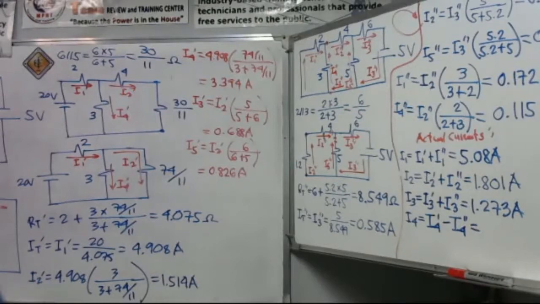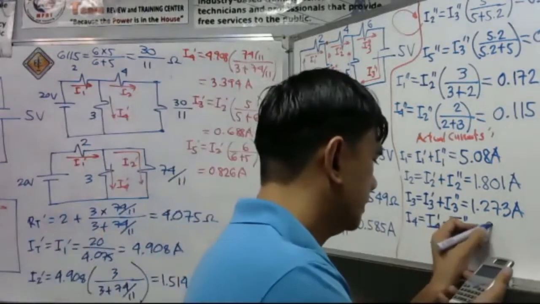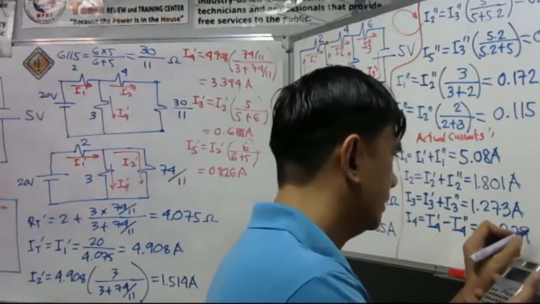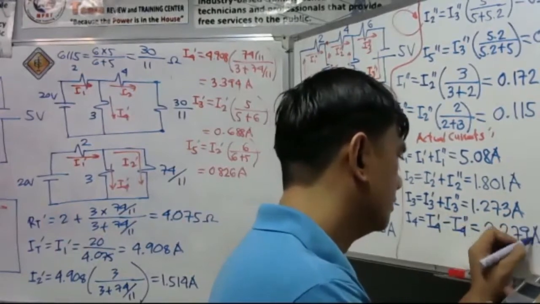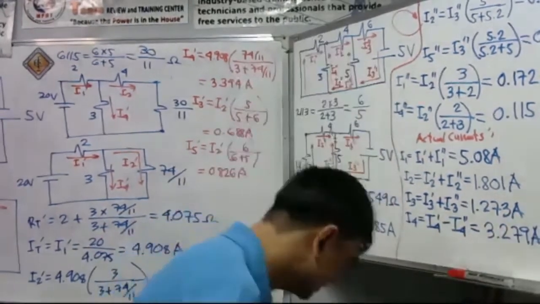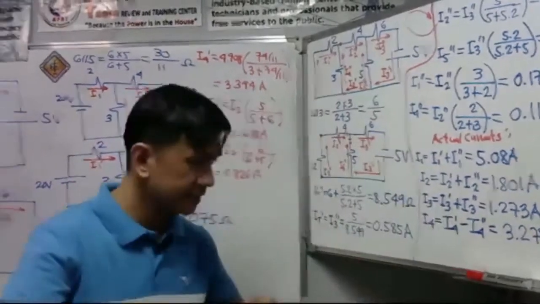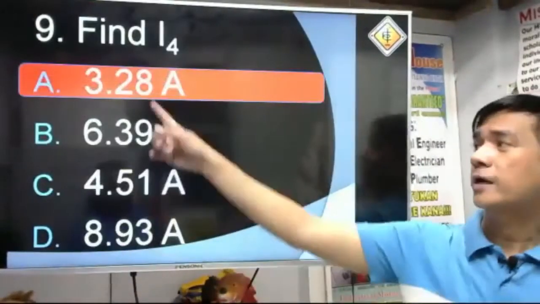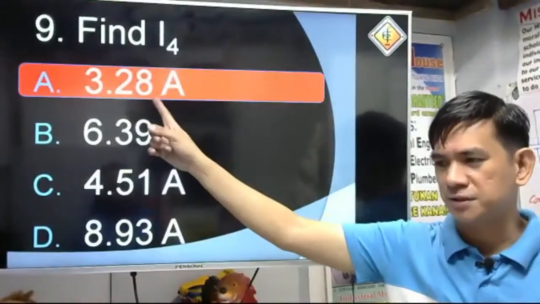Okay, my answer here is 3.279 or 3.28, that is 3 decimal places. So 3.28 is our answer for number 9. That's correct. Letter A again is the answer.